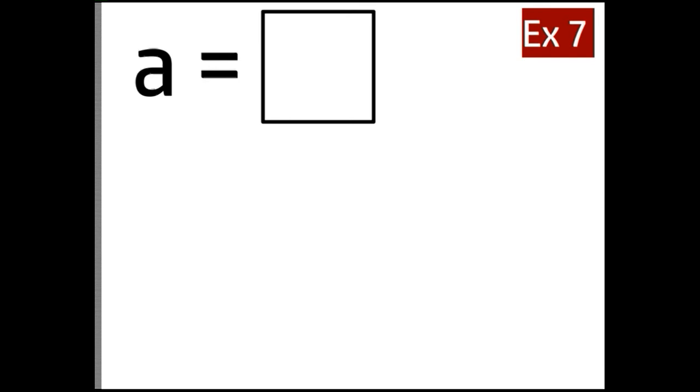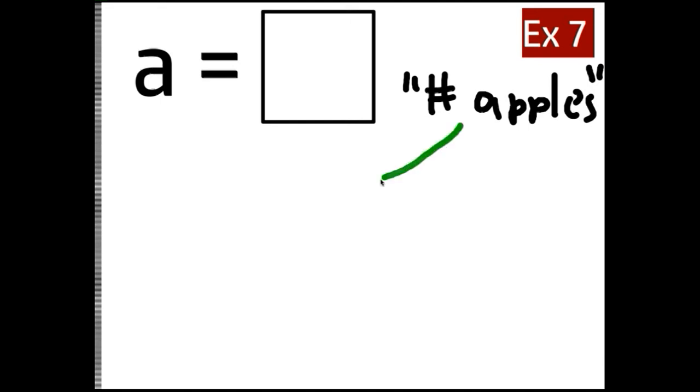Now I know some students get a little confused when they start to see letters in math. Let me try to help you with why we use letters. Let's pretend that A stands for the number of apples that you have in your kitchen. Instead of writing apples every time, it's a lot easier if we just write A, right? Something else it could mean is just simply a number.